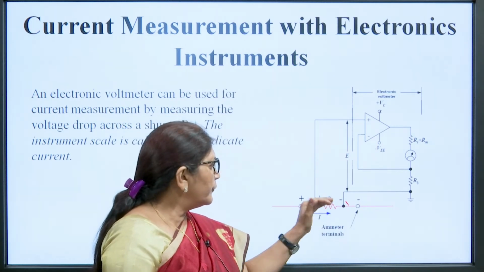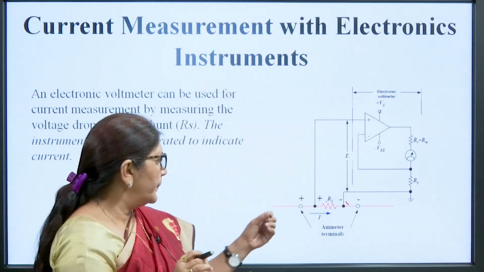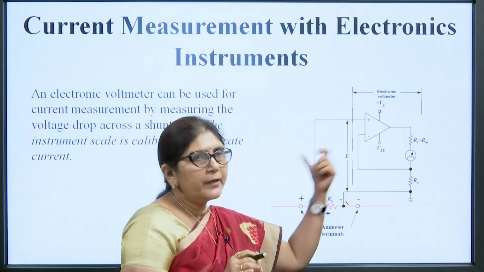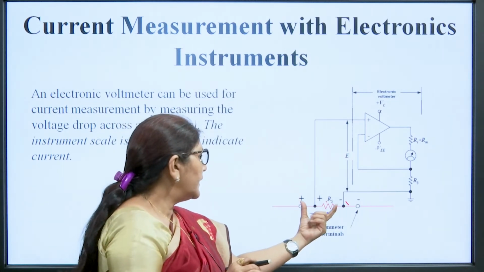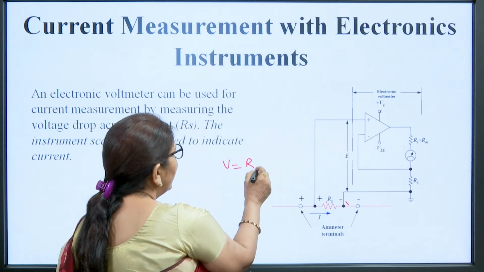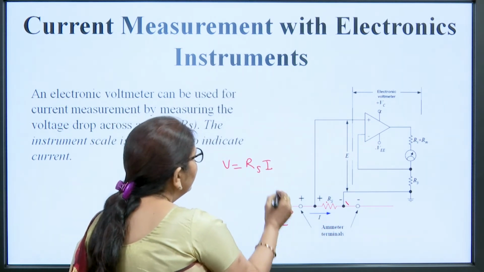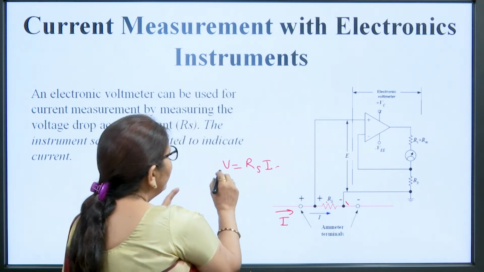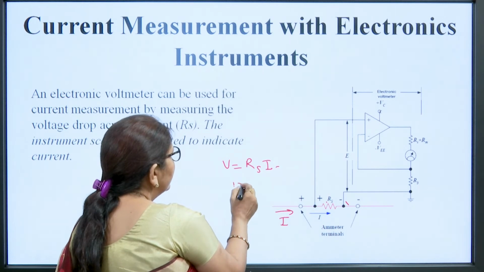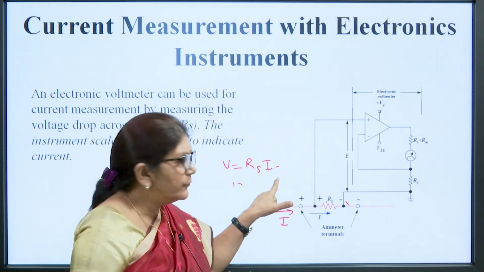The current is flowing through this resistance Rs, so a voltage drop will be produced across it, and that voltage difference is measured by the instrument. Rs is constant, and V is equal to Rs into I, where I is the current flowing here. Since Rs is constant, V is proportional to I.